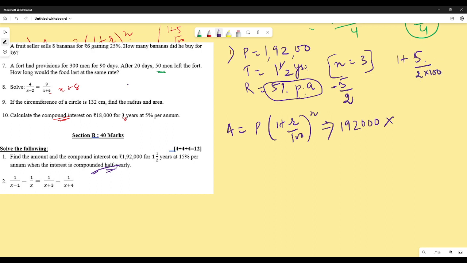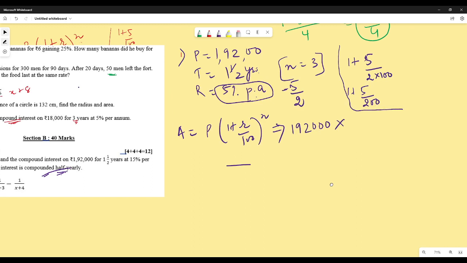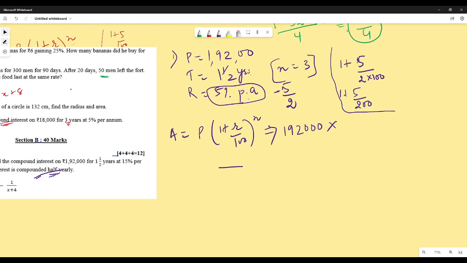This remains over here like this. So what you get from this is 1 plus 5 by 200, right? So 1 plus 5 by 200 comes to what?